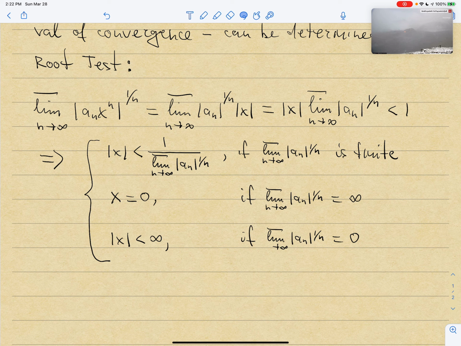And then the quantity 1 over the lim sup basically represents the radius of convergence, and for the interval of convergence you go from 0 by minus the radius of convergence to the left and by the radius of convergence to the right, and that gives you the interval of convergence.